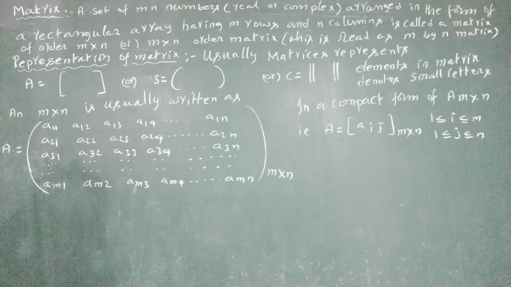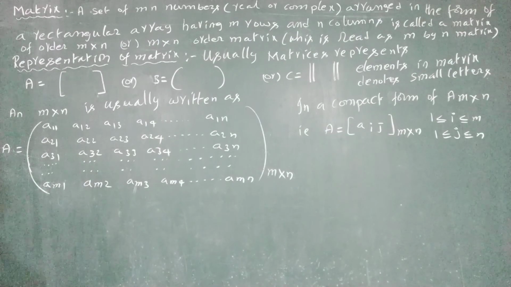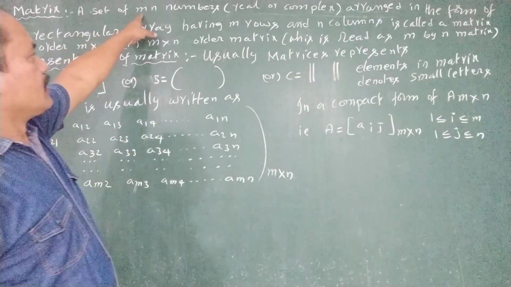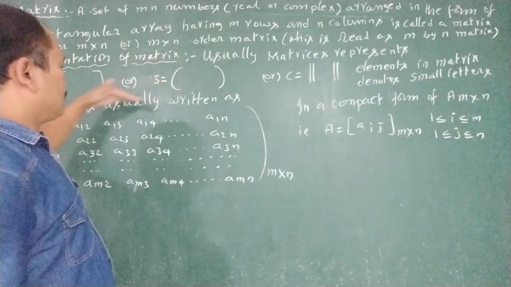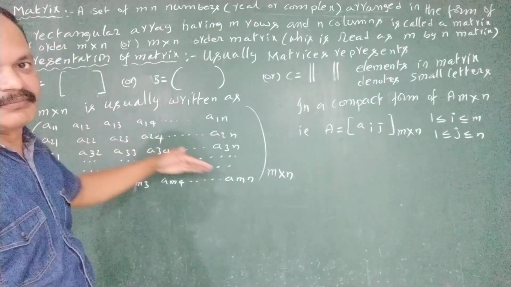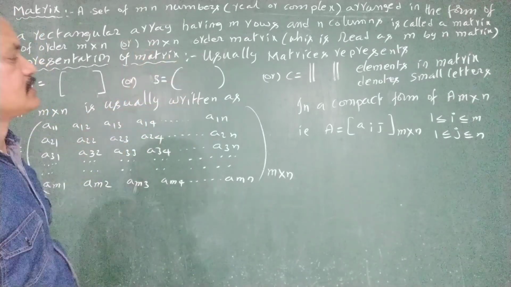Now observe from this matrix, the numbers here, from the definition, are mn numbers. mn numbers means m rows and n columns represent the numbers.